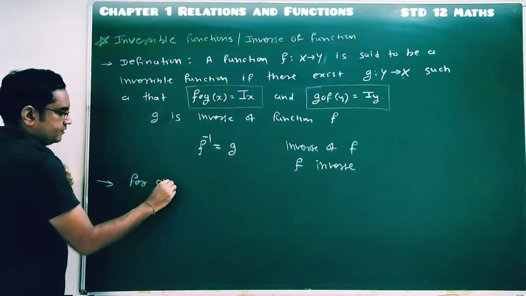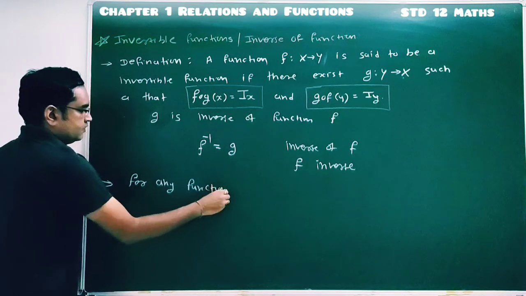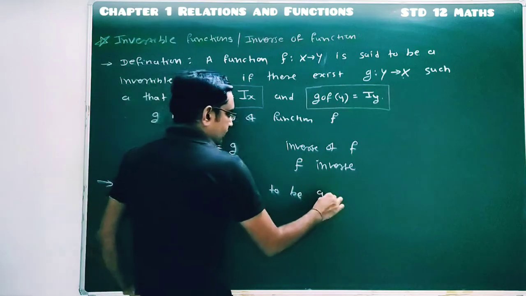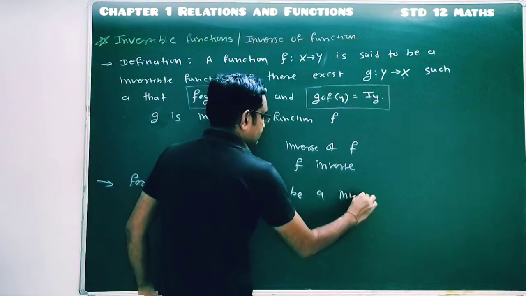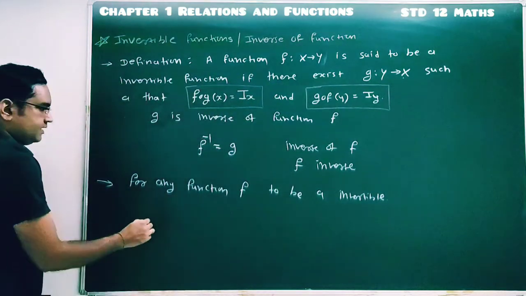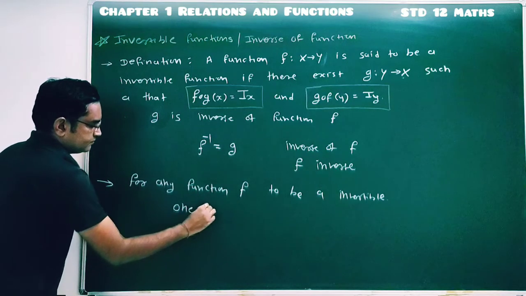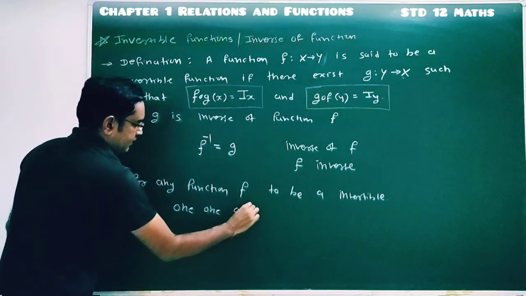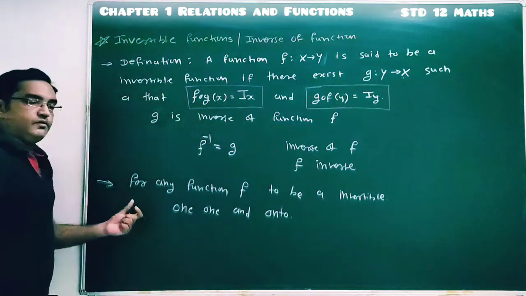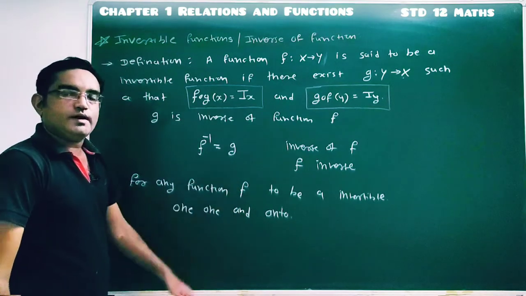One more point that you have to note: for any function f to be invertible, that function must be bijective. That function must be one-one and onto. If the function is one-one and onto, then its inverse exists.